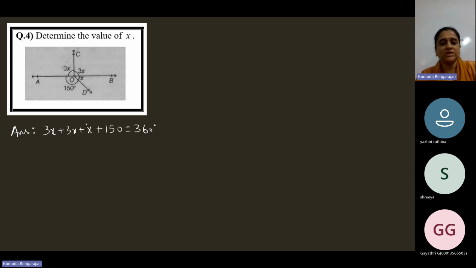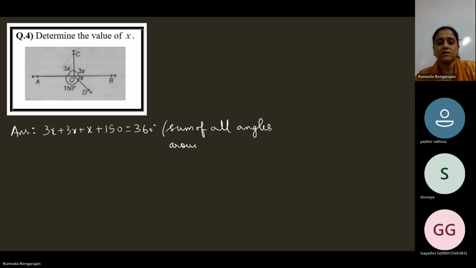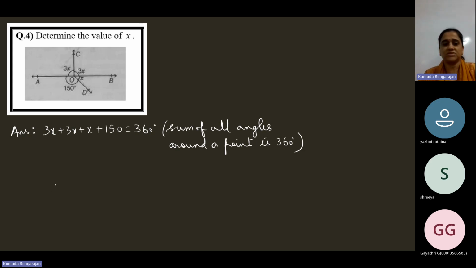So 3x plus 3x plus x plus 150 is equal to 360. What is the reason? Complete angle. Sum of all angles around a point is 360 degrees. So 3x plus 3x plus x, 7x, is equal to 360 minus 150.